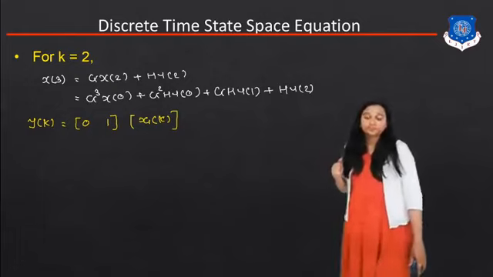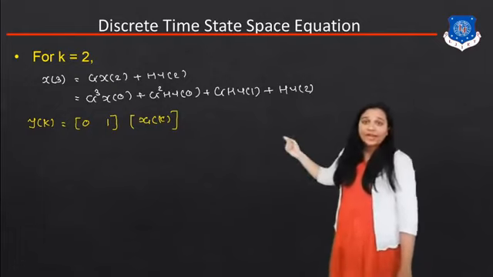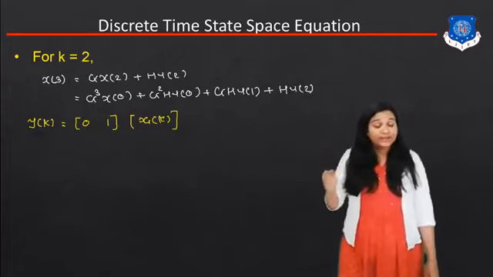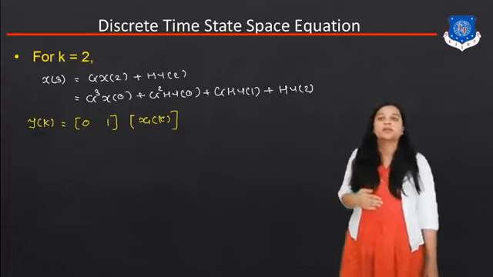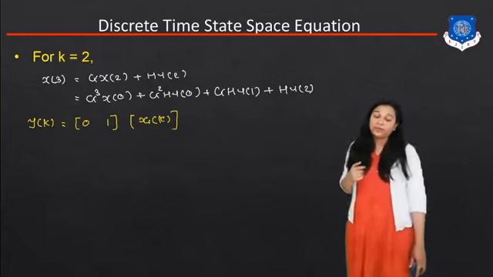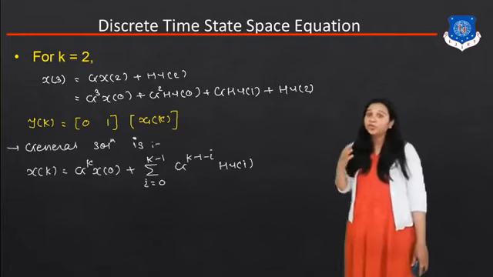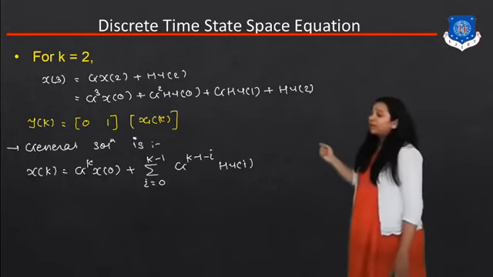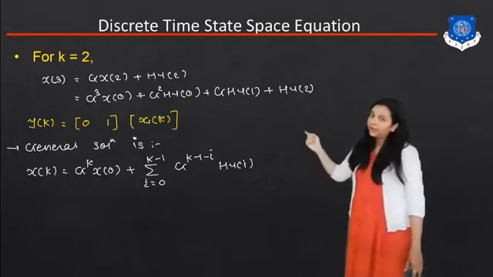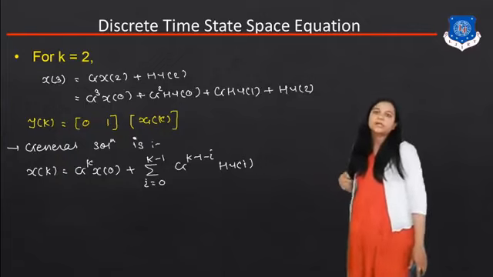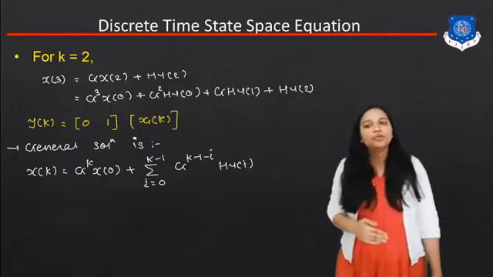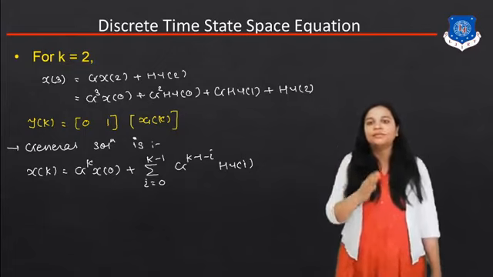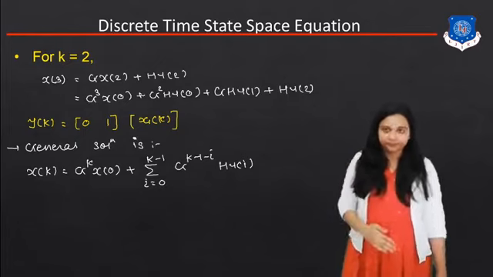And what is the output equation? y of k is equal to 0 1 times x of k. So x of k plus 1 is our state equation and y of k is our output equation. What is the general solution of this equation for x of k? x of k is nothing but G raised to k times x of 0 plus the summation from i equal to 0 to k minus 1 of G raised to k minus 1 minus i times h u of i.